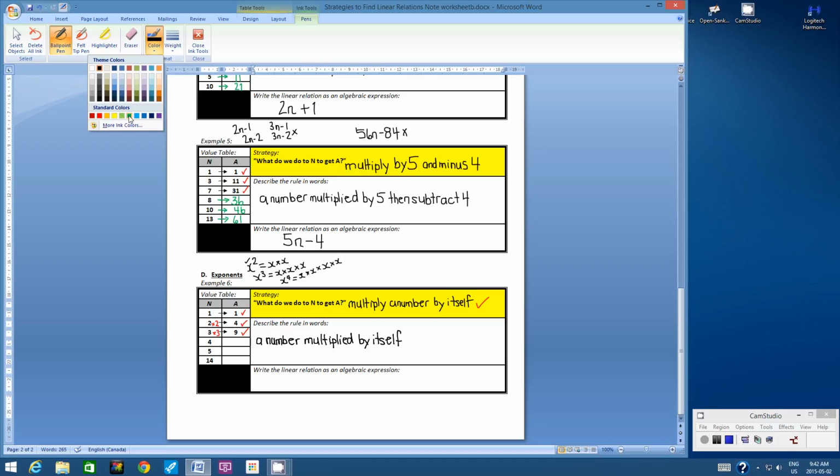Okay, so now let's complete the value table. So again, it's always good to have your calculator out. I'm sure most of these problems you could do with mental math, but sometimes a calculator really is handy.